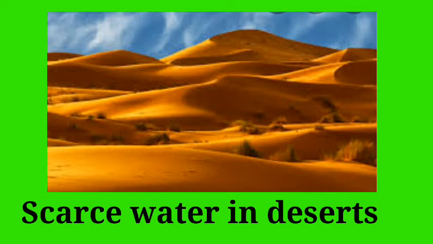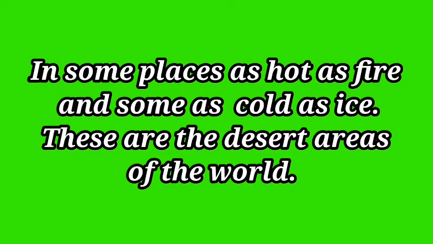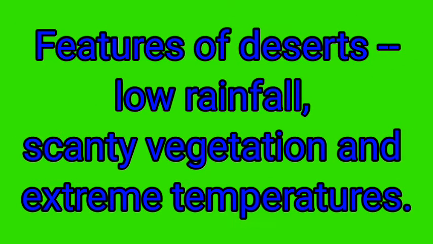We will now learn about the places in the world where people have learned to cope with extremely harsh temperatures, in some places as hot as fire and some as cold as ice. So both of the regions are called deserts. These are the desert areas of the world, characterized by low rainfall, scanty vegetation, and extreme temperatures.